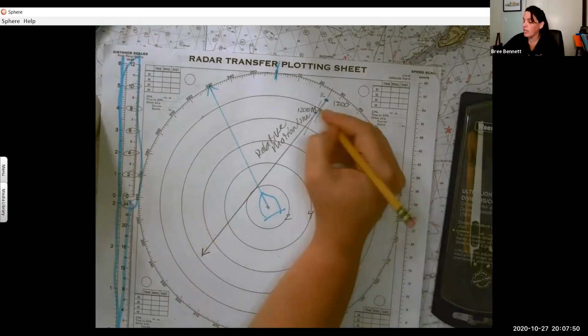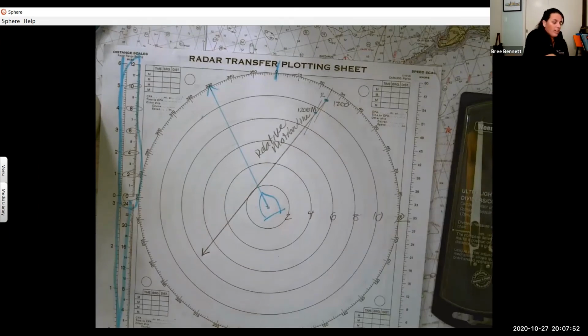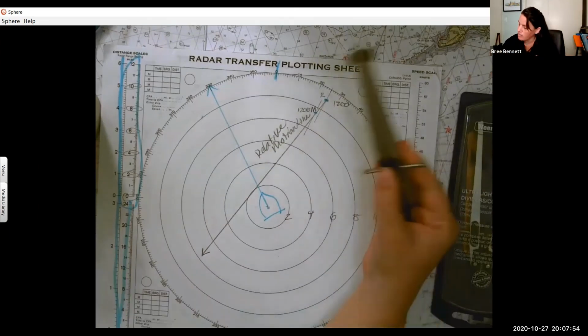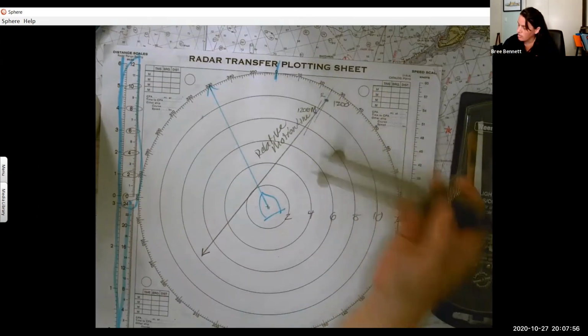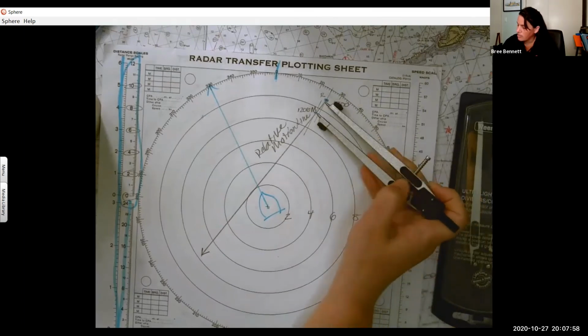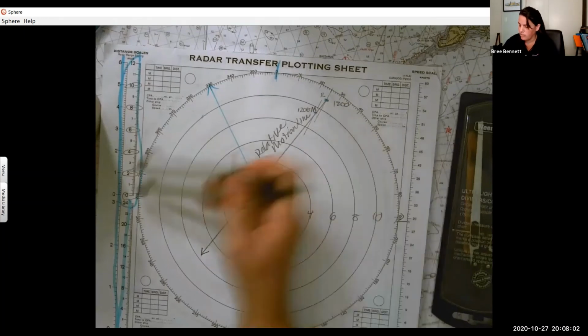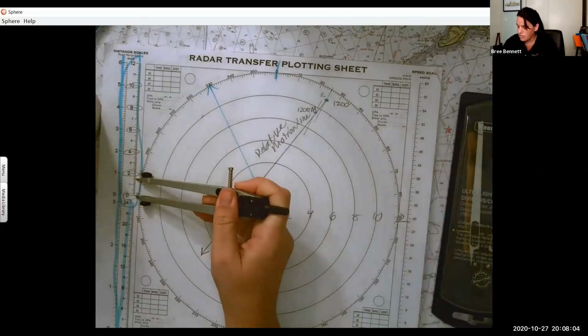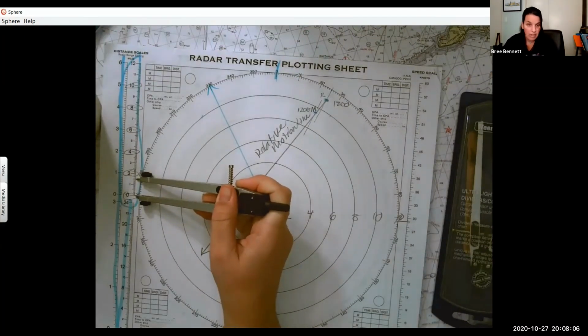We can figure out, so if I get this distance right here in 6 minutes, my relative motion is 1.5. Everyone see that? 1.5.